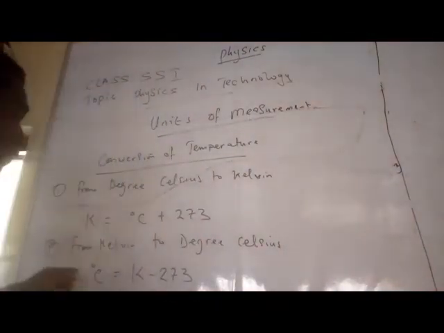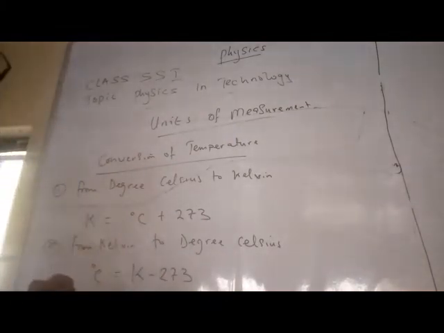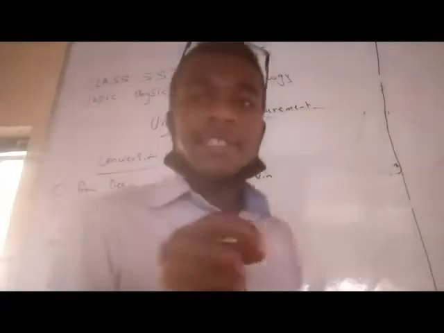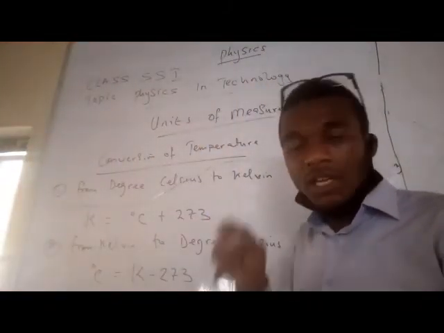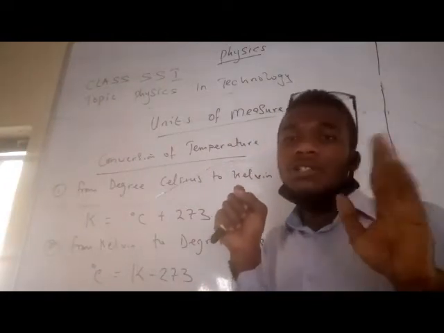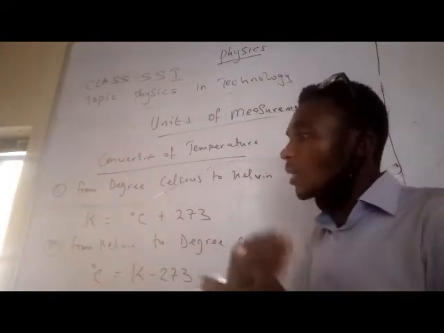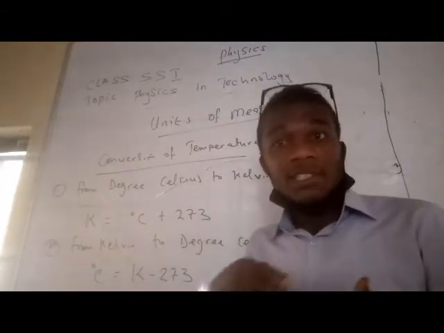Secondly, if you want to convert from Kelvin to degree Celsius, all you need to do is take away 273 from your temperature in Kelvin. Like the example I just gave you, that you added 273 to 10 degrees Celsius to give you 283 Kelvin.